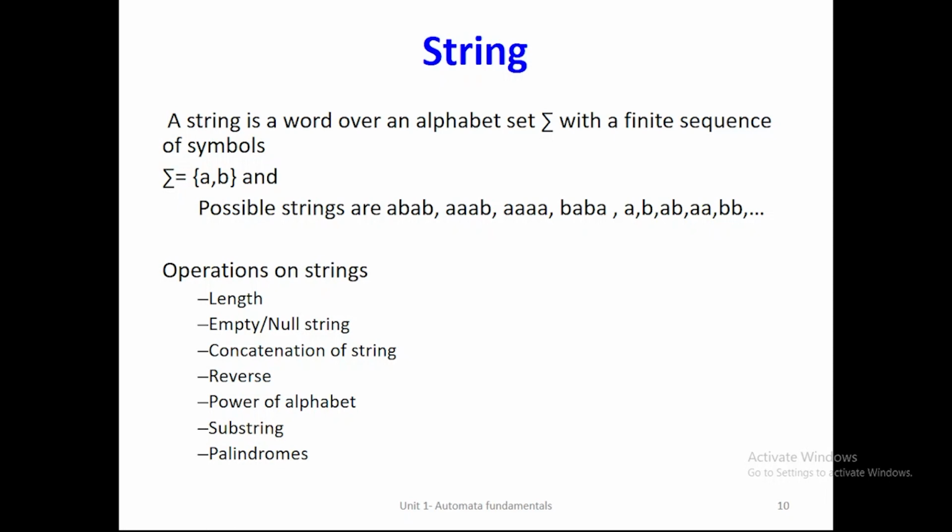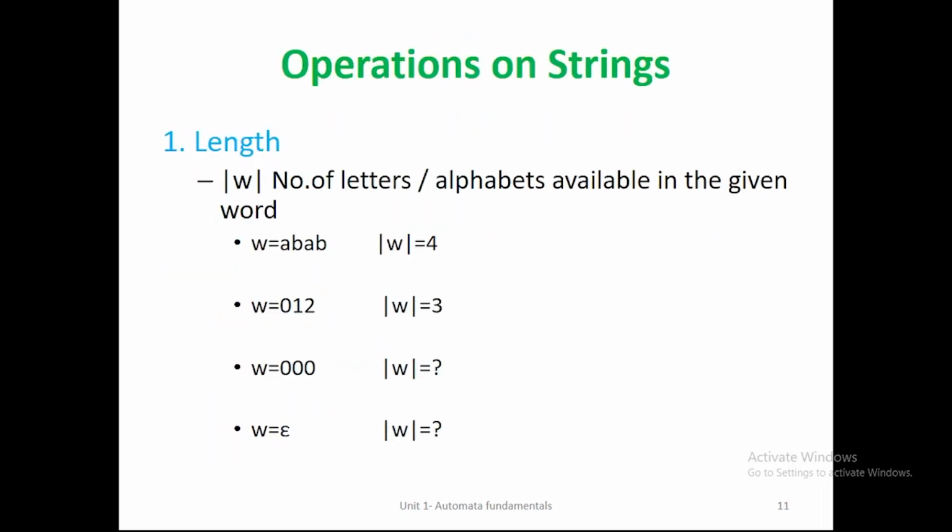Now we'll go through each operation with an example. The first operation on strings is length. Here W represents a word or a string. Mod W is the symbol which represents length. So mod W is the number of letters or alphabet symbols available in a particular word. Here a few strings are listed with the calculations.